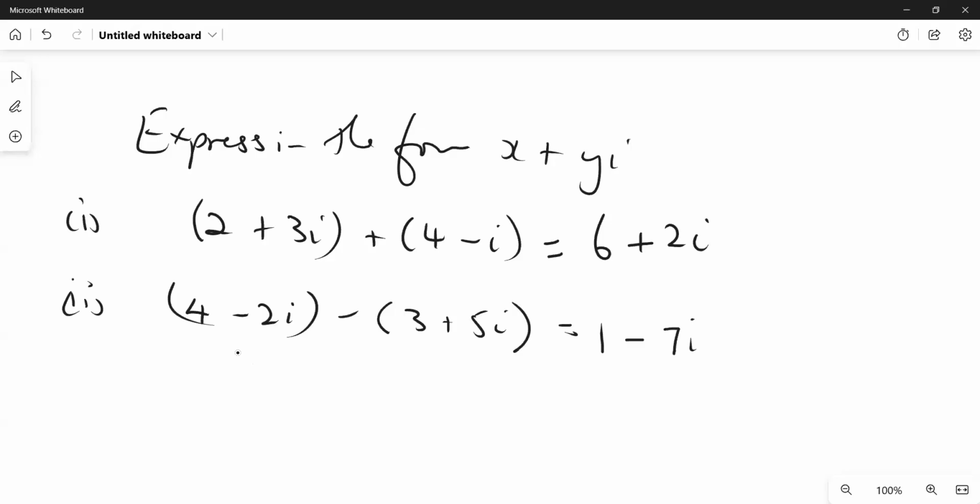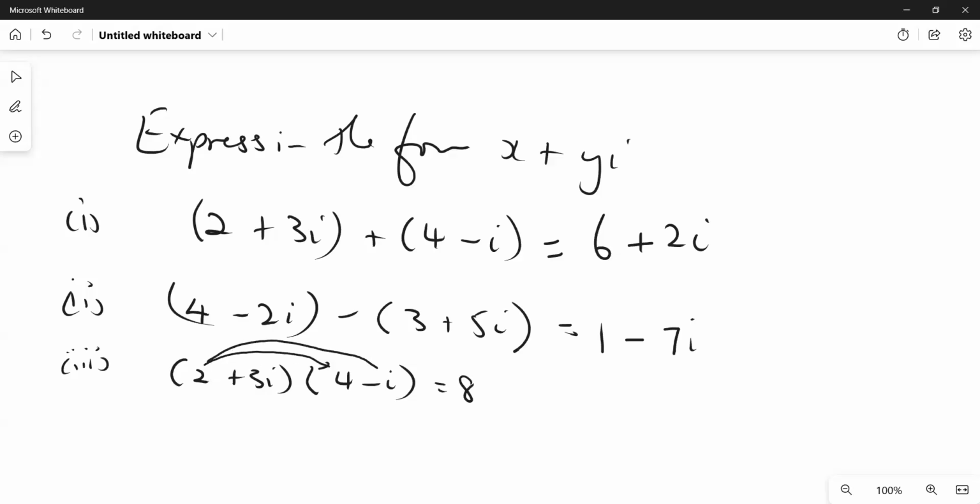If you have to multiply, let's say you go with 2 plus 3i times 4 minus i. You do it the way you would multiply two binomials. 2 by 4, you get 8. 2 by minus i, you get minus 2i.